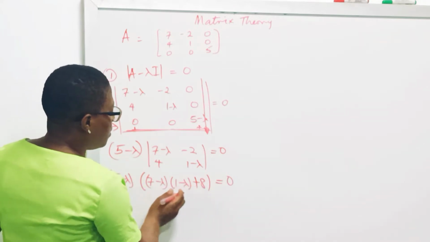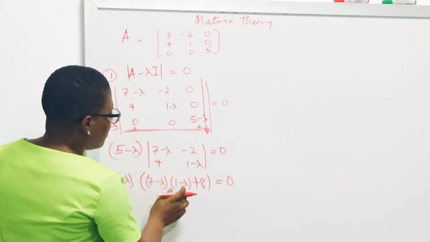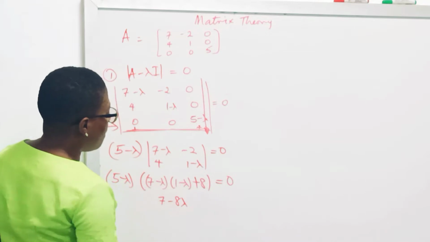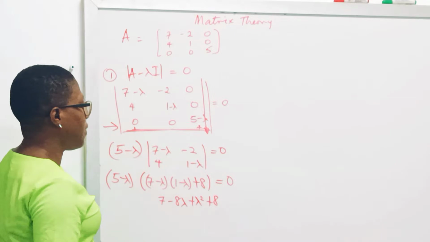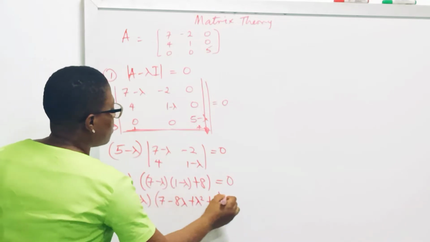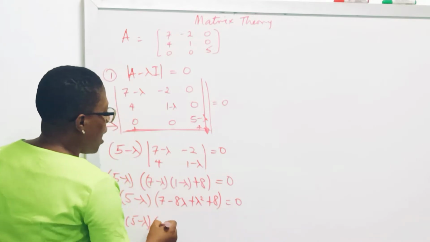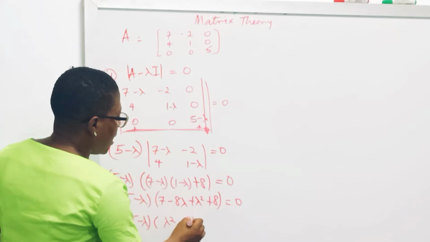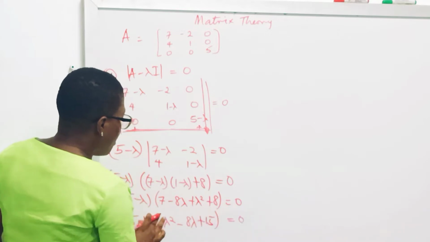So I just evaluate the inside: 7, minus 7 lambda, minus lambda, plus lambda squared, plus 8. So we have 5 minus lambda times lambda squared minus 8 lambda plus 15, equal to 0.